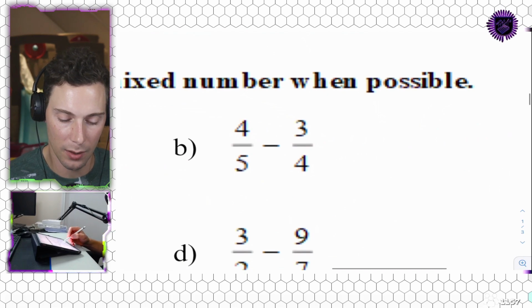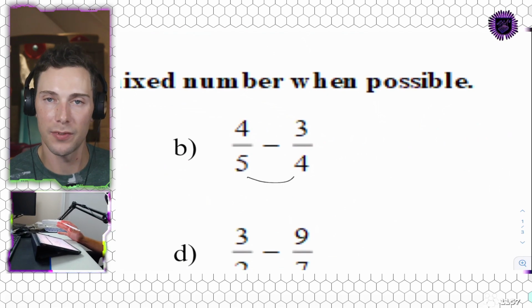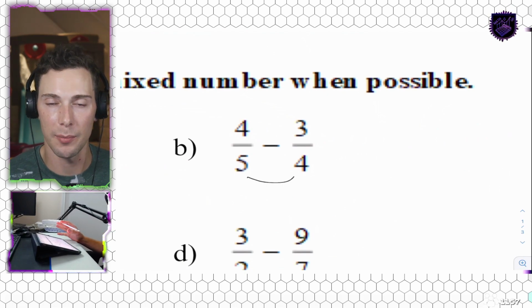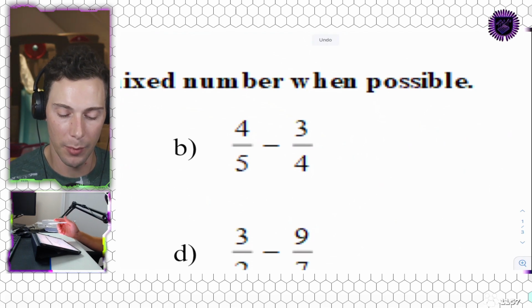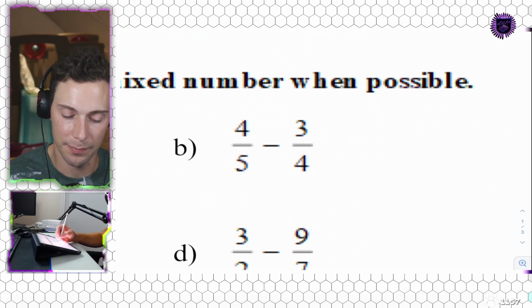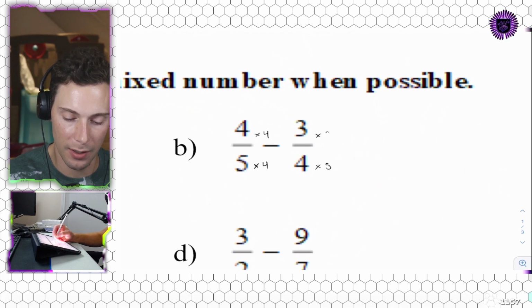Okay, 5 and 4. We know these. We've done 5 and 4 a few times already. The lowest common multiple of 5 and 4 is going to be 20. And it results by times 4, times 4, times 5, times 5.